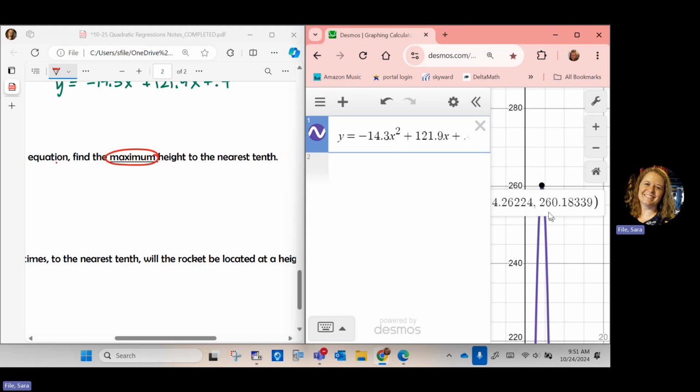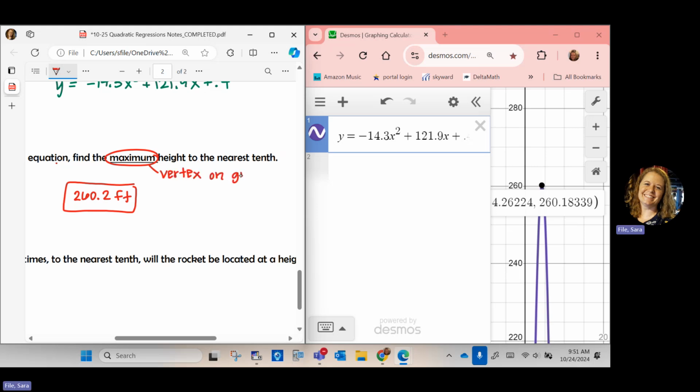The maximum height is 260.2. This is in feet. So we found the vertex on the graph to answer that.